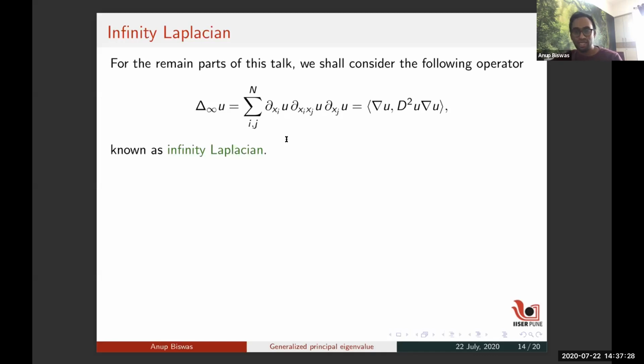It's called the limiting operator of P-Laplacian operators. So now you see this operator has a very crazy form. It looks like the second derivative part, or second order part, looks like gradient of u.